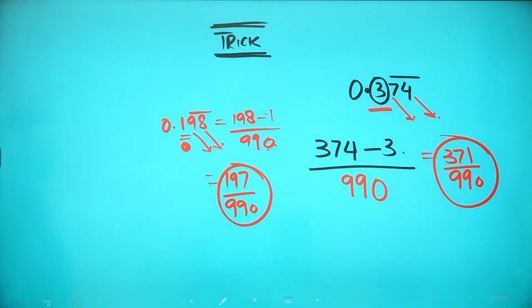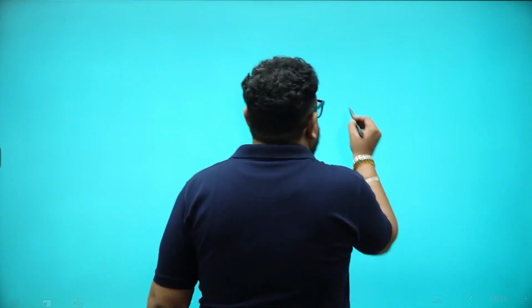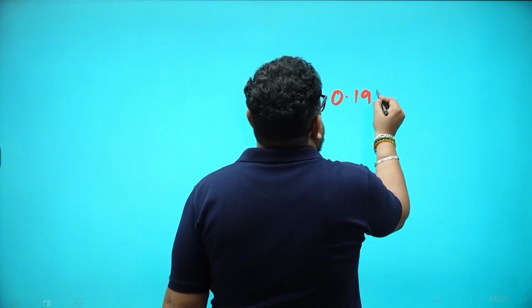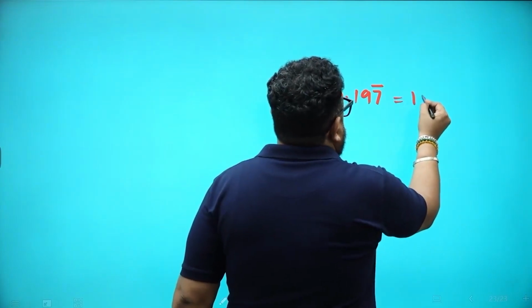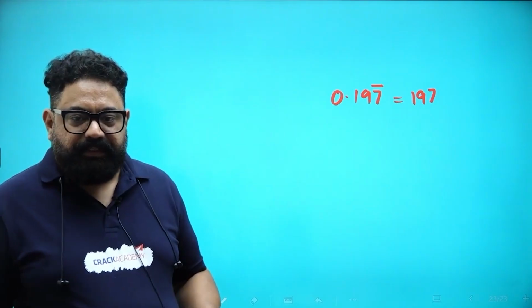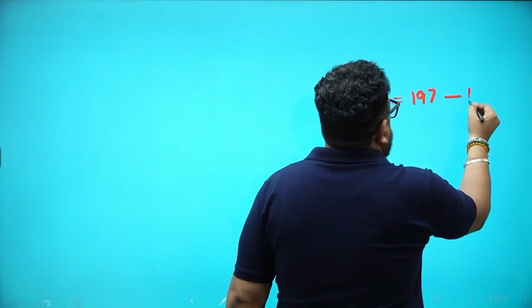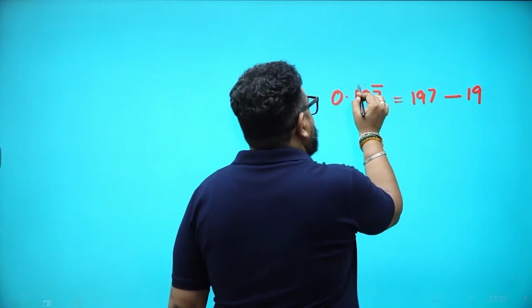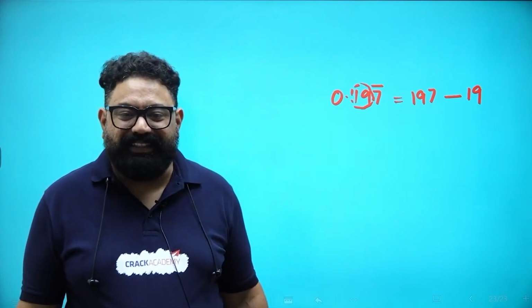Clear? Sir, more examples? Yes, we should do more examples. If I say 0.197 bar, so the bar is only on 7, which is now equal to 197, the whole number, minus the number having no bar, minus 19. 19 is having no bar, right?